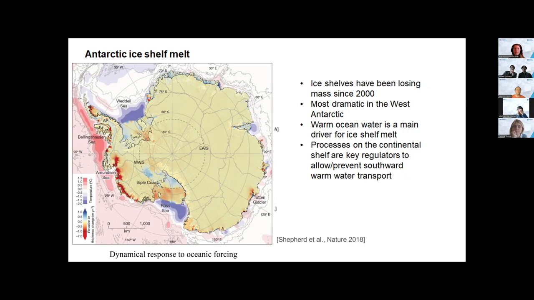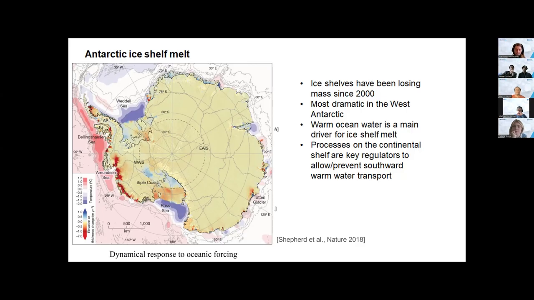We have seen the most dramatic melt in the West Antarctic here. There are some other regions where we do see melt, and then some other more stable regions, Fichtner region, for example. And just comparing the warm ocean here immediately tells us that the warm ocean water is a main driver for the ice shelf melt.